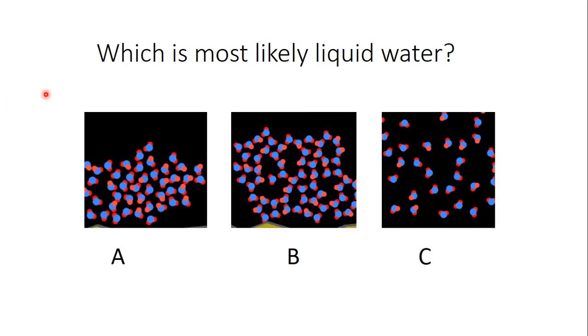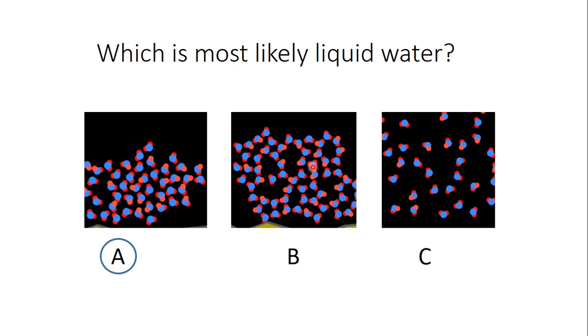Here's liquid oxygen, as you have some space between the molecules. All right, how about this one? Which of these is most likely to be liquid water? A, B, or C? Think about it now. And the answer might surprise you. It's A. So let's think about this. C, there's a lot of space between each water molecule, so C can't be liquid.